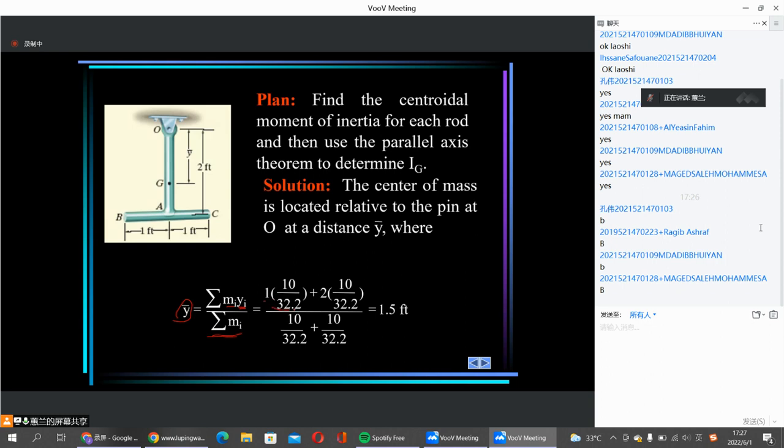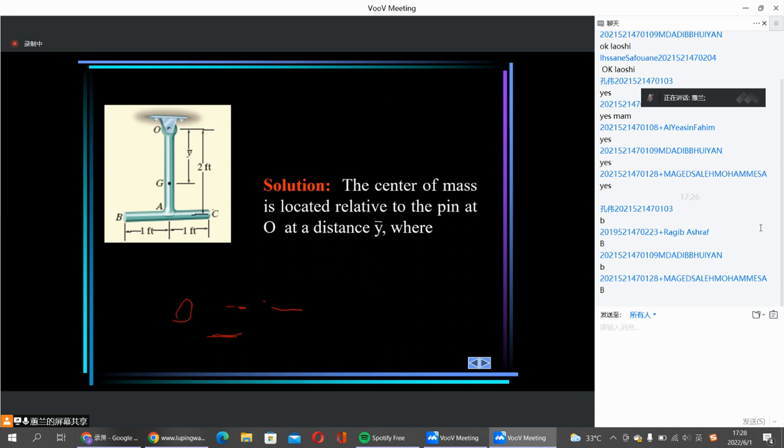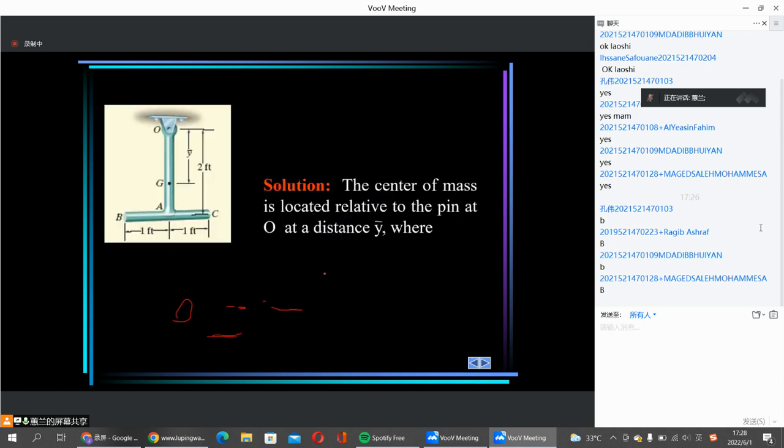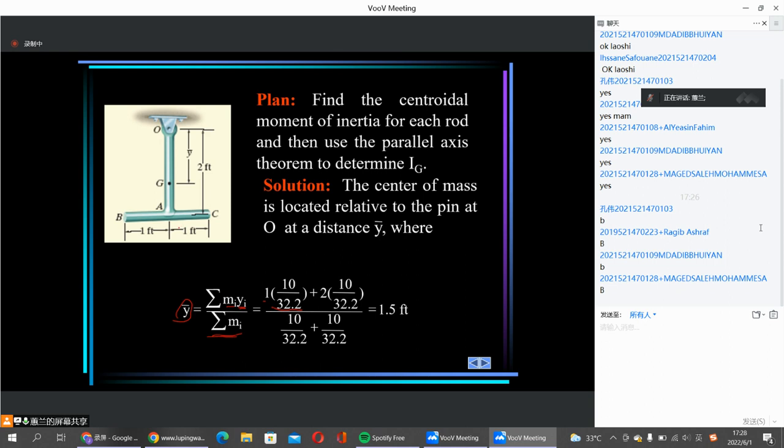So the mass of the vertical rod and the mass of the horizontal rod are equal to each other. Then x should equal 0, because it's symmetrical, right?